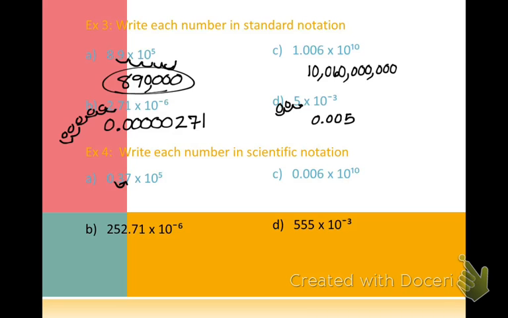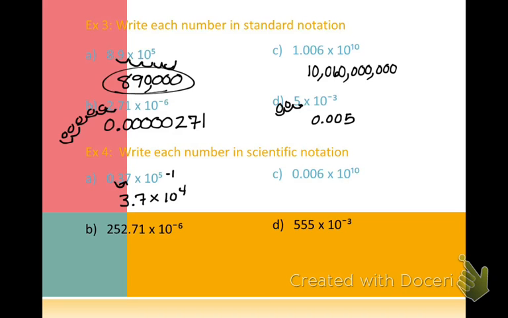If I move it over to the right one, you're going to subtract one from the exponent. So 10 to the 4th. Yes, very good. So it's going to be 3.7 times 10 to the 4th. You could do the dot too.